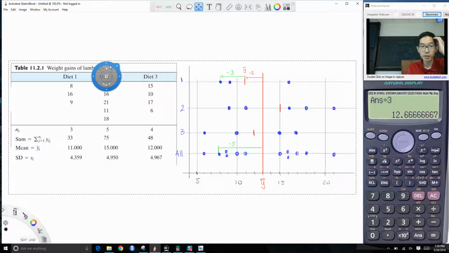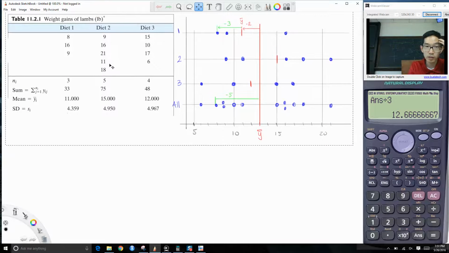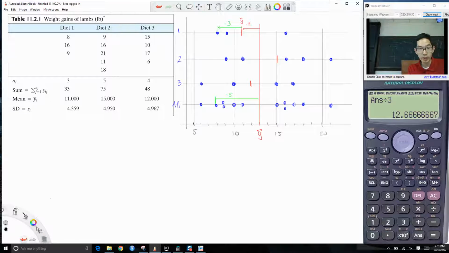Okay, and so I'm going to create a formula for the source of variation. We have the total variation, or the total sum of squares, and then one of the sources will be the sum of squares due to the group.